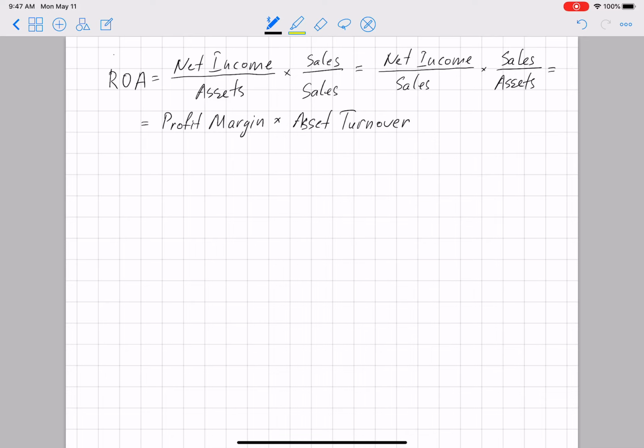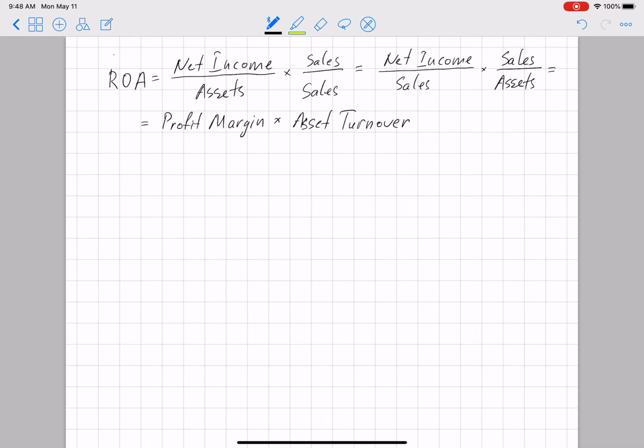Companies like Walmart, on the other hand, would be the opposite case. Their profit margins are relatively low, but they're able to generate a lot of sales with their assets. That would indicate very fast asset turnover. Either way, ideally, you would like to have high profit margin and high asset turnover, but it cannot always be the case. It depends on what's going on in the industry.